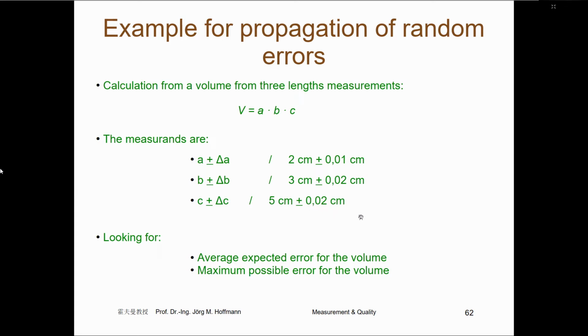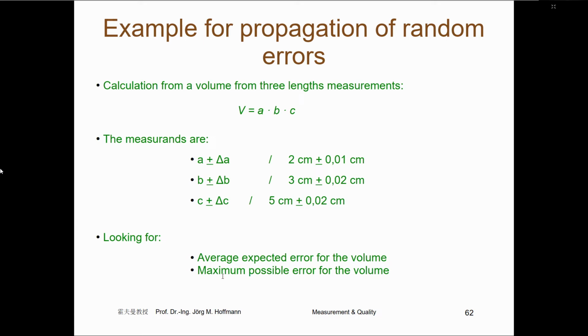And what we are looking for is the average expected error for the volume. As I said, if that were a standard deviation, we could also look for the resulting standard deviation, but we have only a delta.